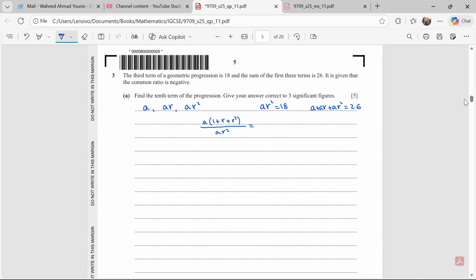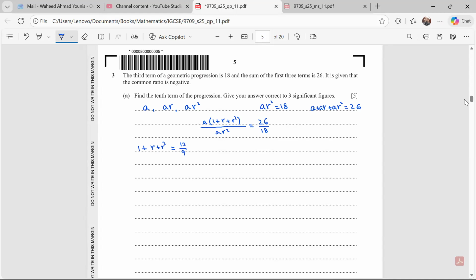On the right side, I will have 26 over 18. So A will cancel, and I have (1 plus R plus R square) over R square equals 13 over 9.